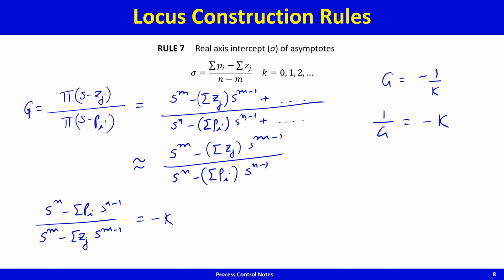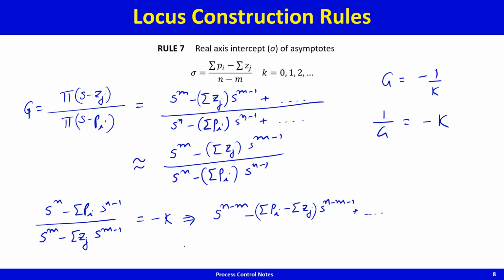If you do the division, what will we get? We will get S to the power n minus m, minus summation Pi minus summation Zj, times S to the power n minus m minus 1, plus lower order terms, and I will ignore them.